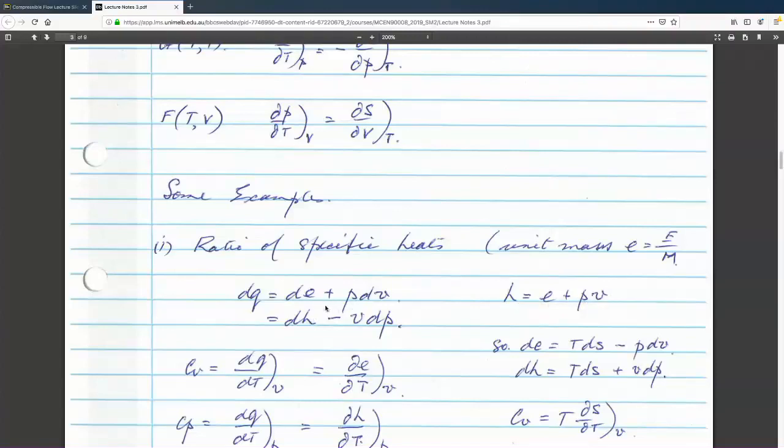In this equation here, I can write dE as dH minus pdV, and then minus VdP. So that's from the first law and the definition of the enthalpy.